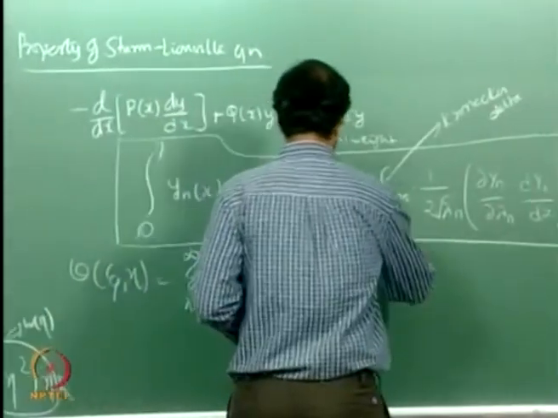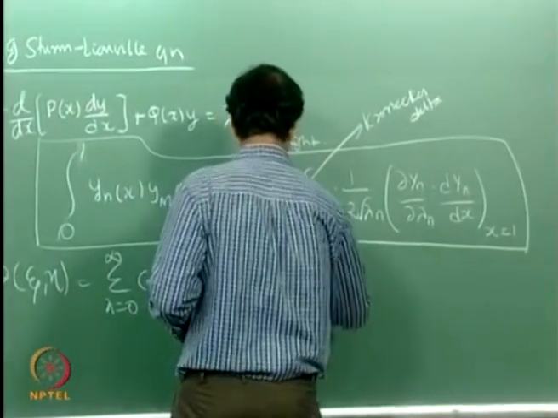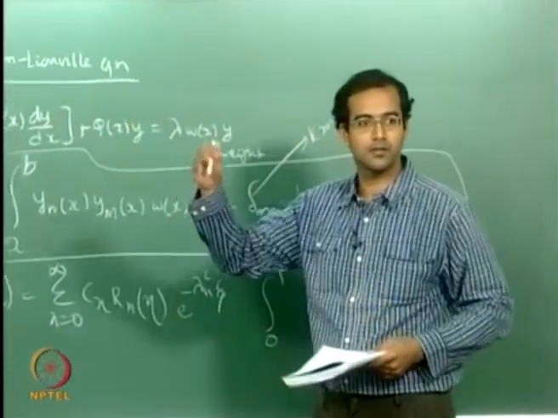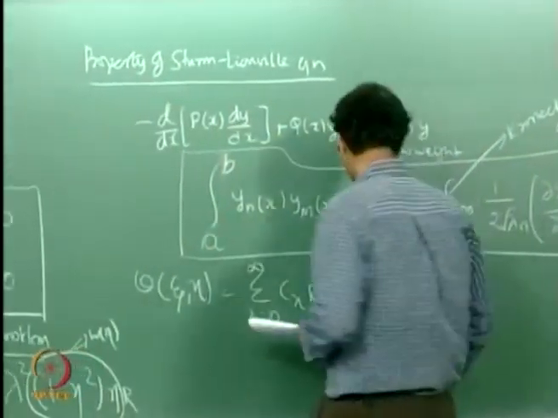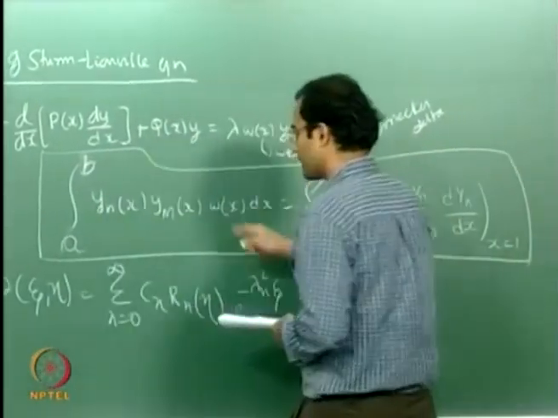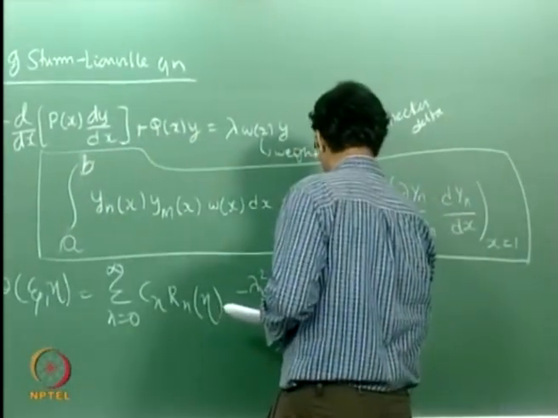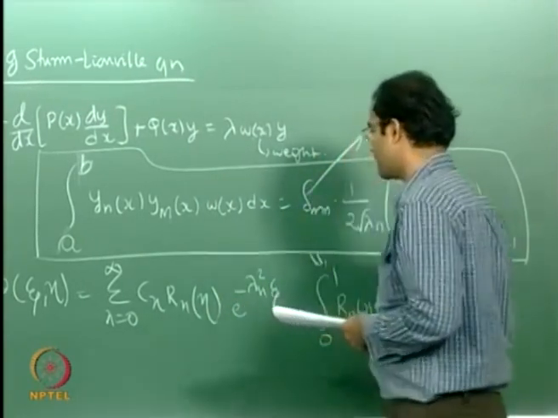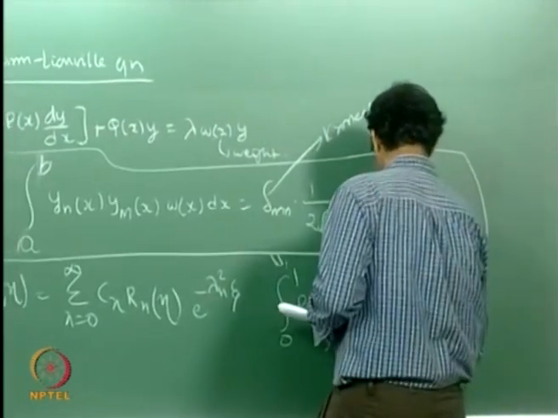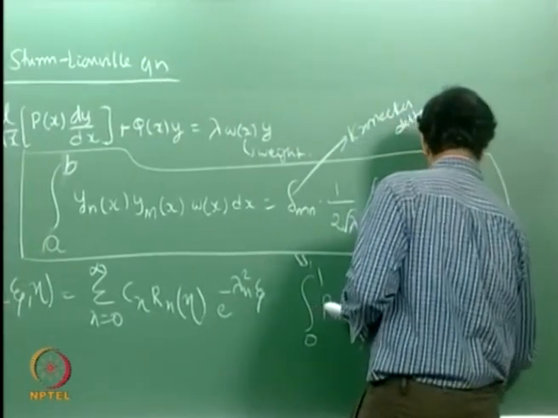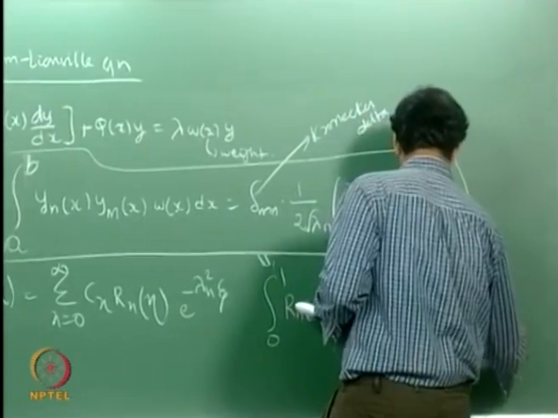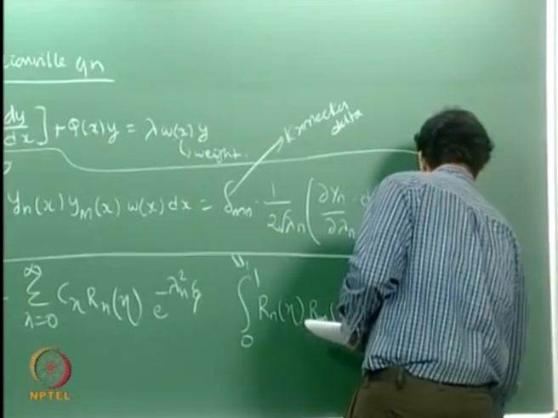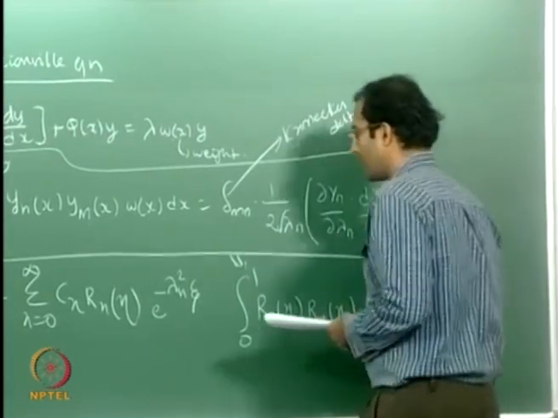This can be written as 0 to 1. Strictly speaking this is a to b, but in your case eta goes from 0 to 1, that's why I have just used 0 to 1 there. So this is the integral from 0 to 1 of R n of eta into R m of eta into the weighting function, which is eta into 1 minus eta square, d eta, equal to delta mn times 1 by 2 lambda, because here your lambda square is your lambda.